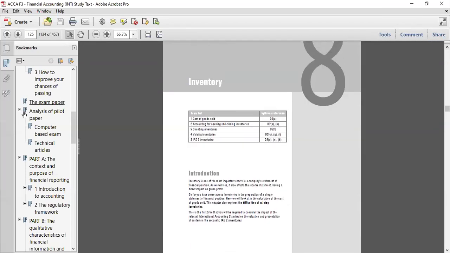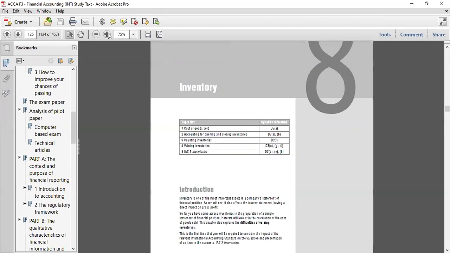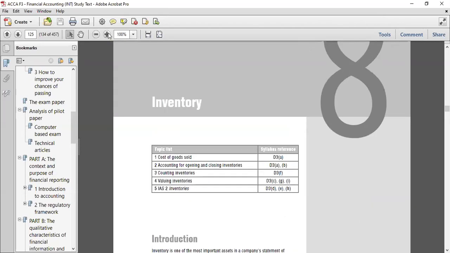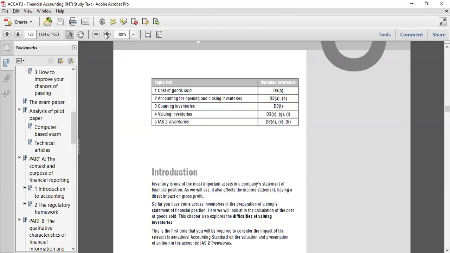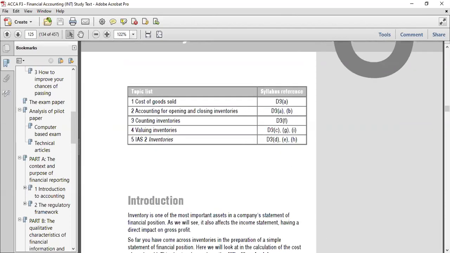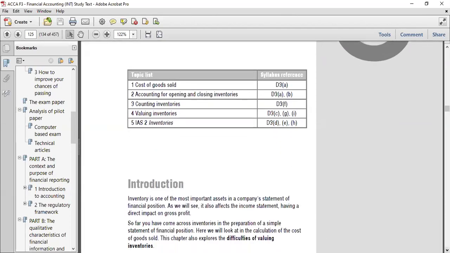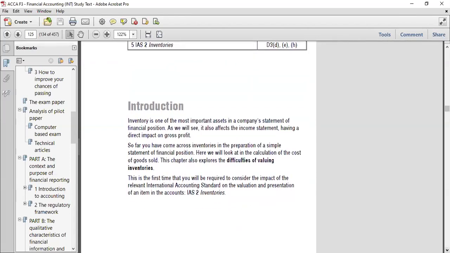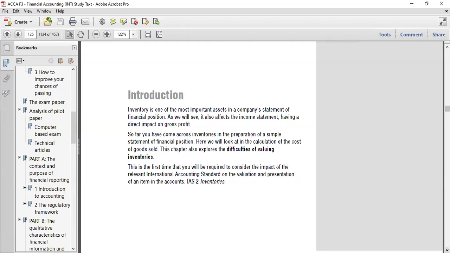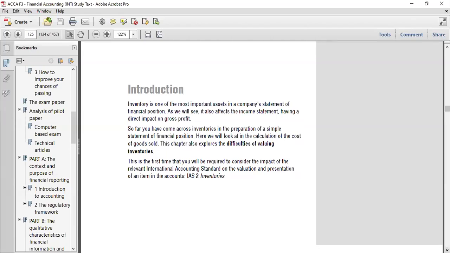Now, inventory is governed by the standard IAS 2. It's IAS 2 that gives us the guidance on recognition, measurement and disclosure of inventory. Inventory is a very important component of the business.